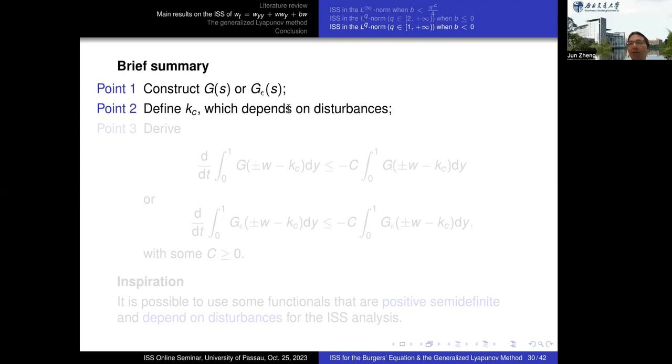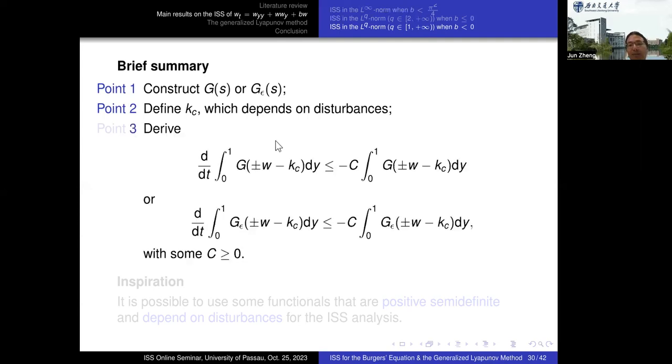It may depend on initial data, but it should be independent of boundary disturbances. These properties can help us deal with the Dirichlet boundary terms in the Lyapunov arguments. The third key point is that we should derive such kind of differential inequalities.